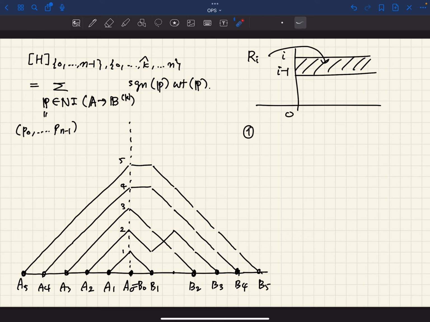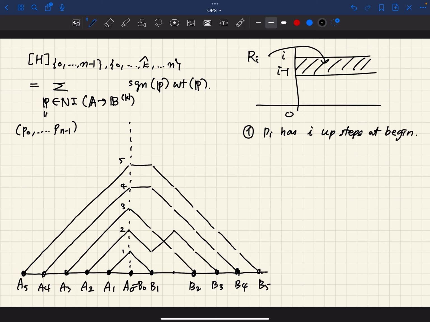And the first observation, the simplest observation is, if you have P_i, it starts from A_i, and the first i steps must be up steps, must be all up steps. So P_i has i up steps at the beginning.